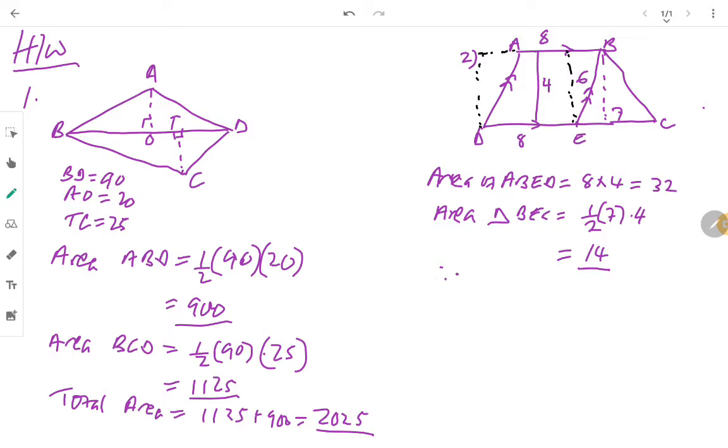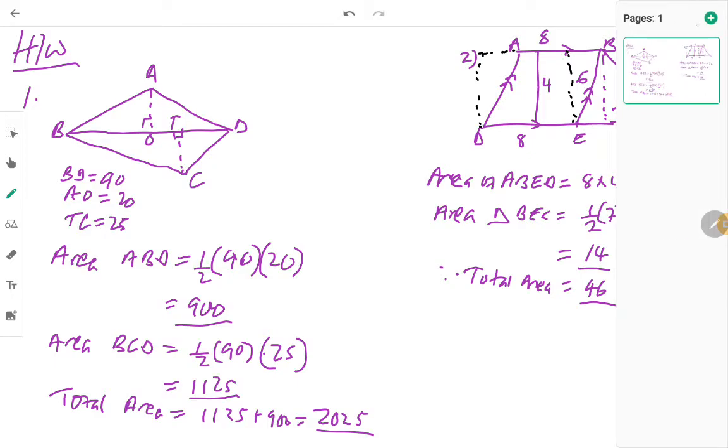Therefore, the total area is 32 plus 14, which is 46. So that is the total area of this shape that you are given. So that was question number 2. Then we'll move from question number 2 to question number 3.